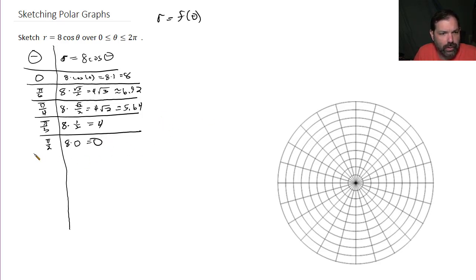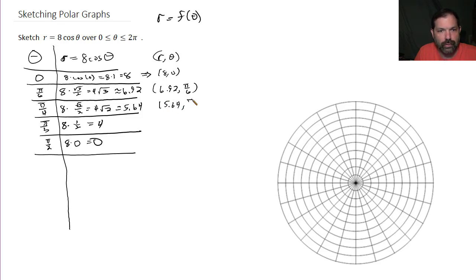Let's plot those points. Remember, when we write our points for polar coordinates, we write them as (r, theta). So this point would be (8, 0), (6.92, pi over 6), (5.64, pi over 4) approximately, (4, pi over 3), and (0, pi over 2).